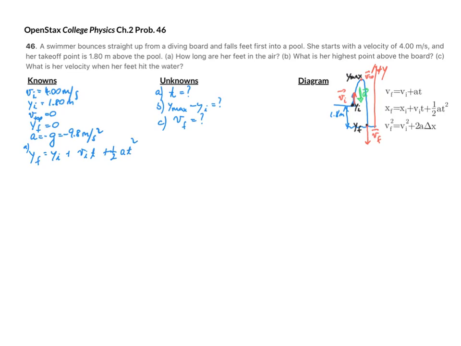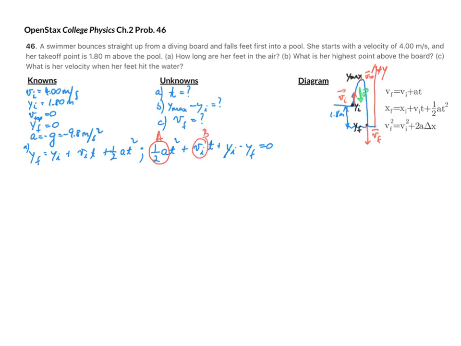It's a quadratic equation. How about we write it out in the regular quadratic equation form? So I would have 1/2 a t squared plus v initial t plus y initial minus y final equals 0. So now I'm going to identify the coefficients. The coefficient of t squared is a.